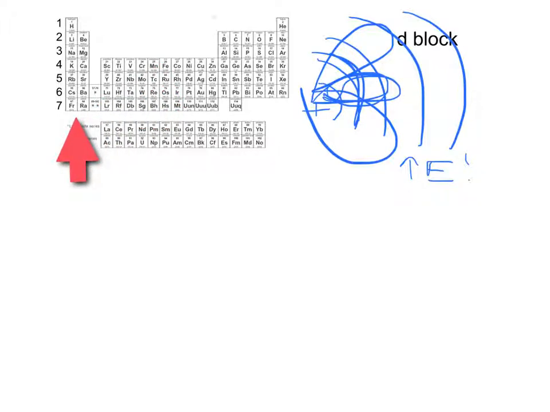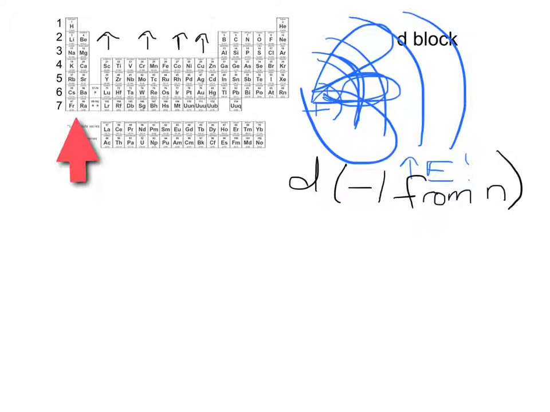So this section needs to be kind of pulled up a row artificially. Or the way that you can remember it is, if you're in D block, you need to subtract 1 from whatever energy level you're in. So N stands for energy level. So I'm going to show you how that works.